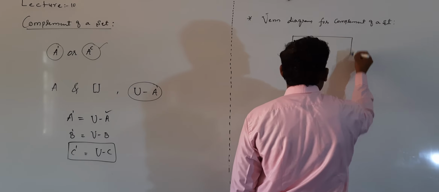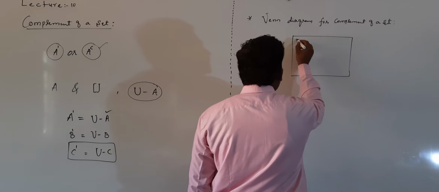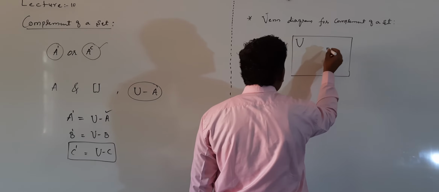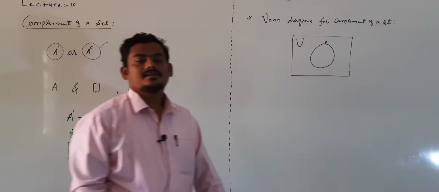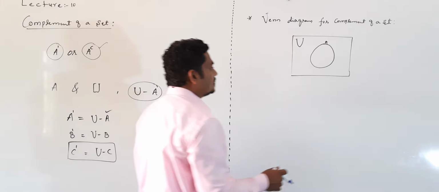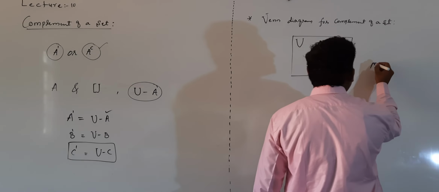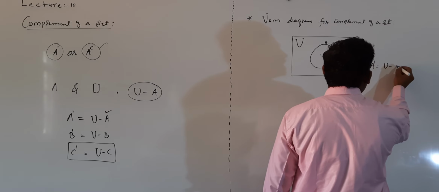In this case, complement means it is only one set. It is universal set and it is given set. It is A. A complement definition: A complement is equal to U minus A.